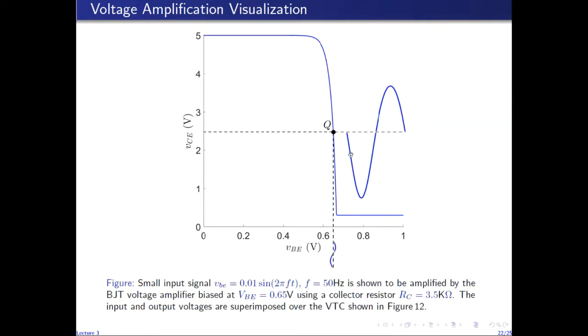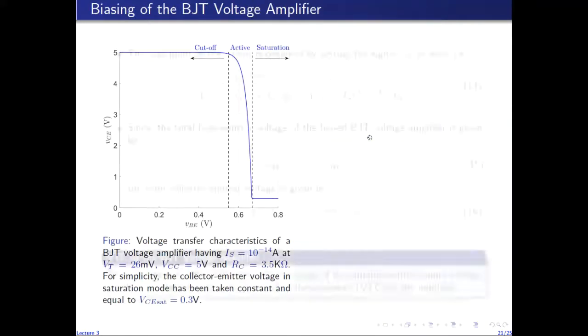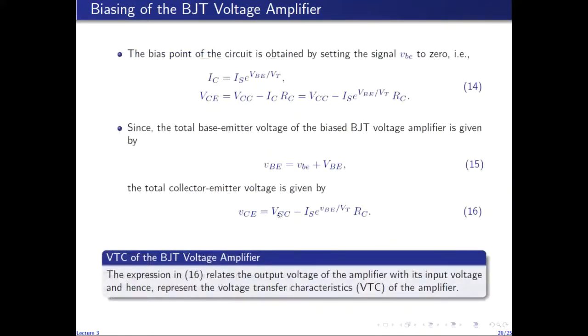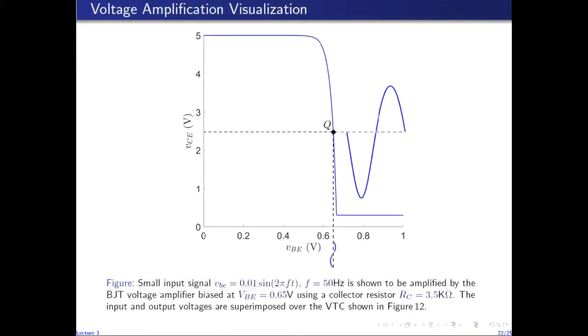So this output along with this DC voltage is the result of this equation, in which this is the response due to the AC component in the input, and this dotted line is the response because of the DC component in the input. In this case, VCC is still set to 5 volts and RC is 3.5 kilo ohms.